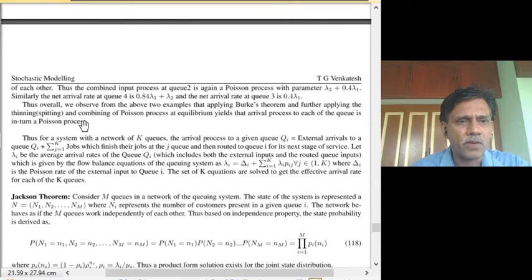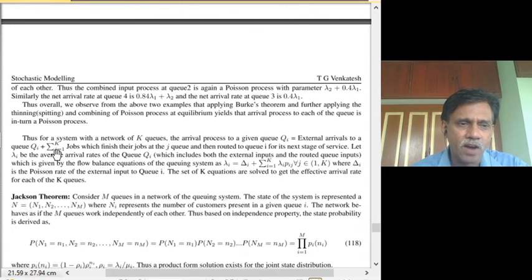So in general, for a network of k queues, the arrival process of a given queue Qi has two parts: external arrivals to the queue, plus the sum over j from 1 to k of jobs that finish from the jth queue and are then routed to Qi.